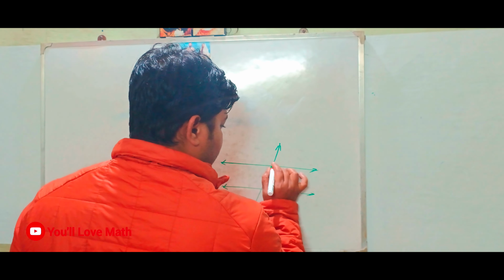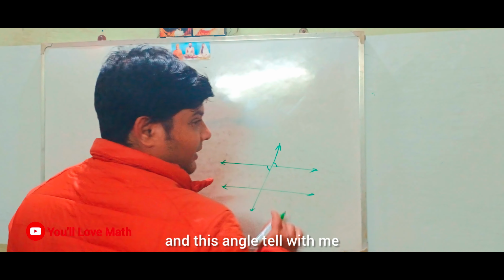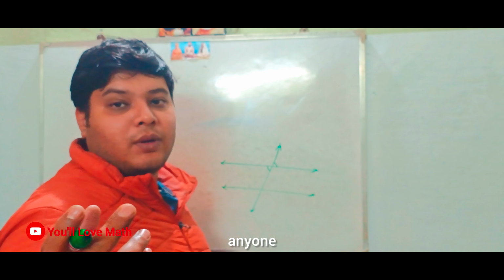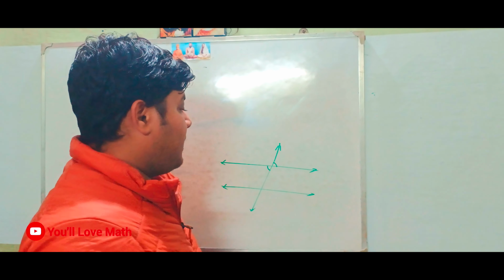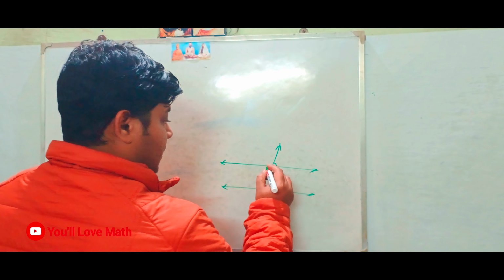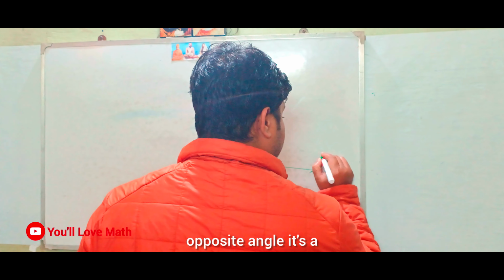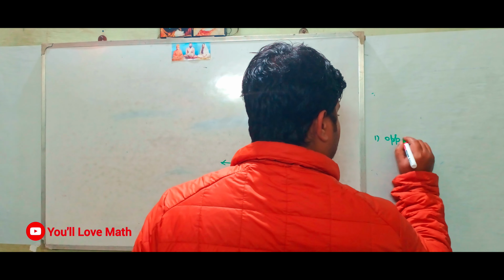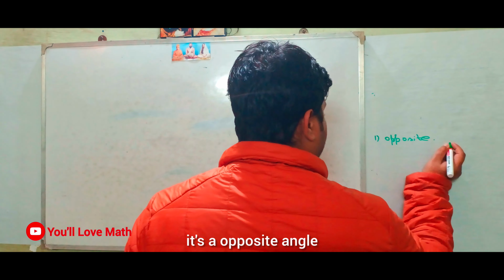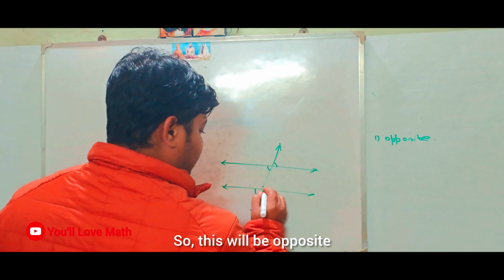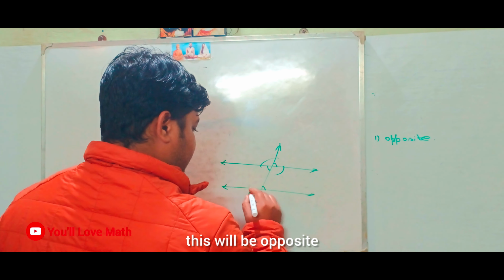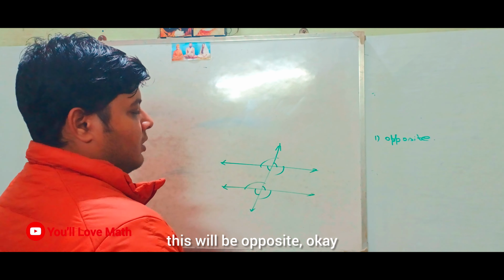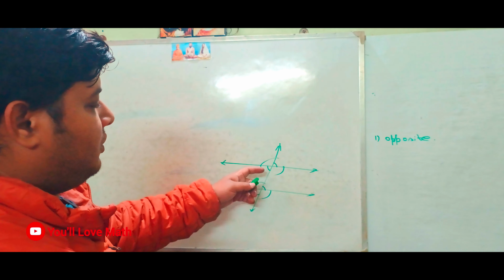So what will be this angle and this angle? Tell with me. Anyone? Yes, it's an opposite angle. So this will be opposite, this will be opposite, this will be opposite. So this is opposite angle.